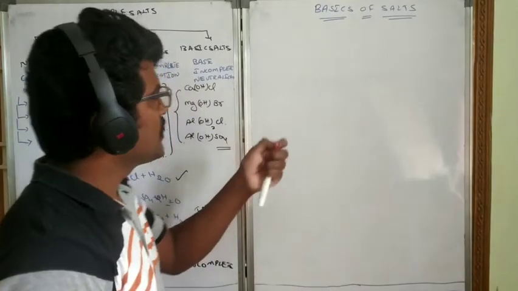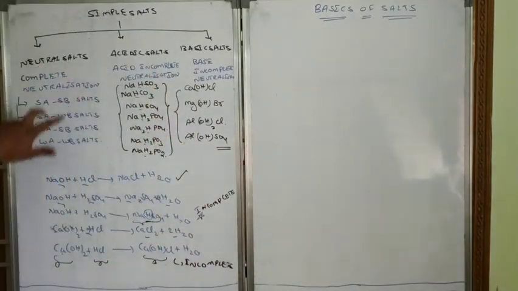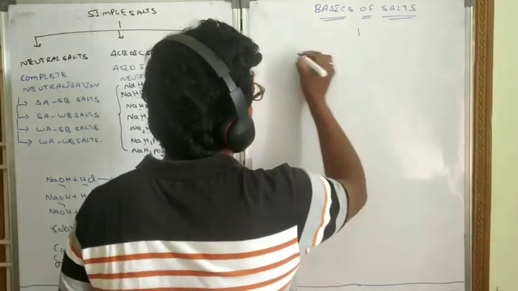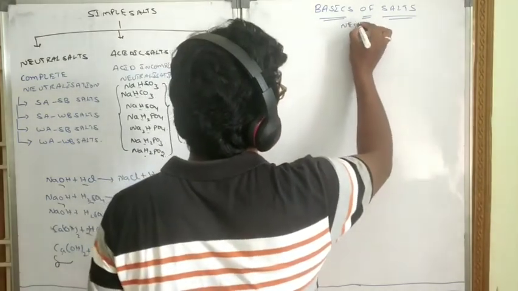Let's come to the concept again. Neutral salts are classified into 4 types. Now let us see what are these 4 types of salts.